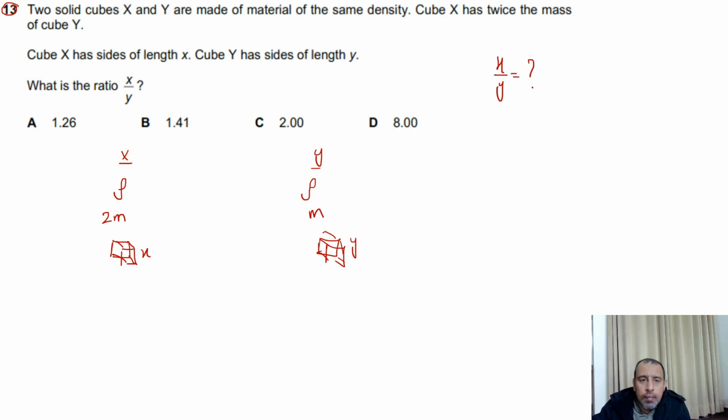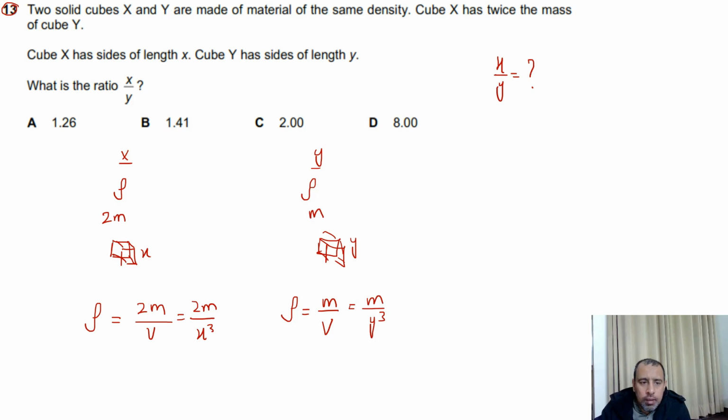So for Y, the density is equal to mass over volume. So it is mass divided by y cube, because if each side is y, then the volume is y cube. And the density of X is mass 2m over its volume, which is 2m over x cube.